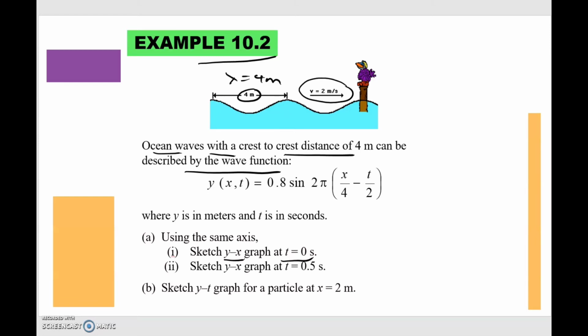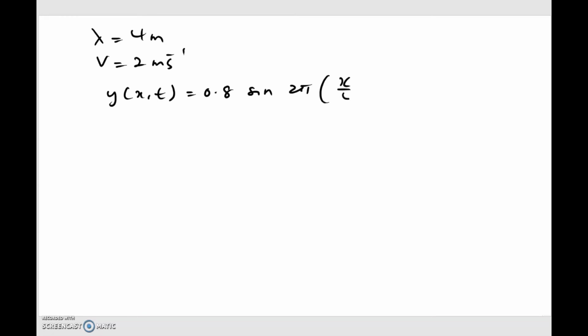Remember that the velocity given is 2 meters per second. So we have lambda, which is 4 meters, and the velocity is 2 meters per second. You have to sketch y versus x at t equal to 0 seconds.